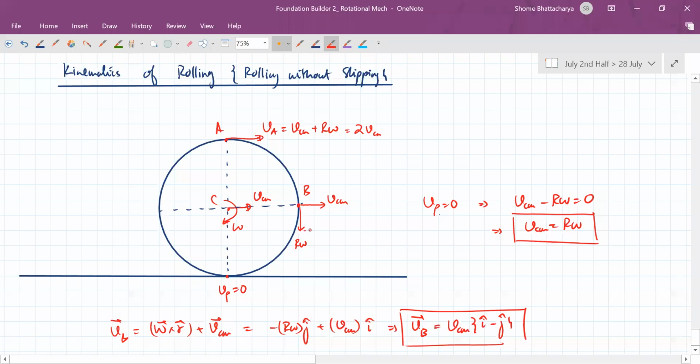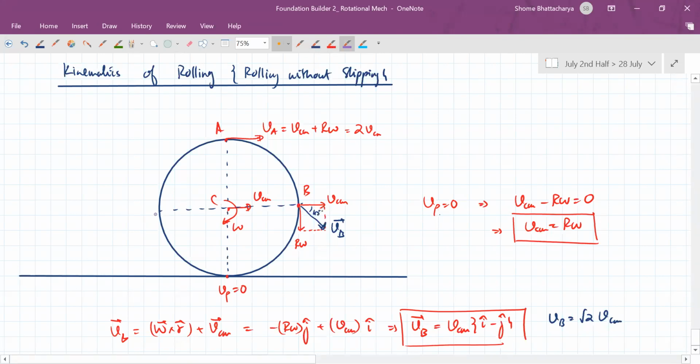So the net velocity of this point B will become like this vector over here. It will have a magnitude of root 2 times VCM, and this angle will be 45 degrees.